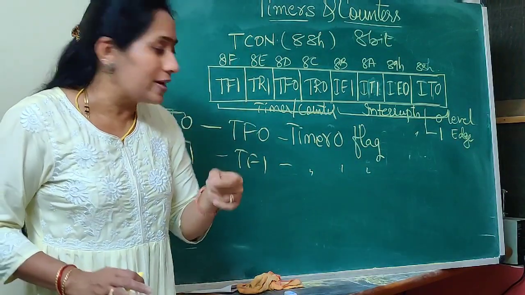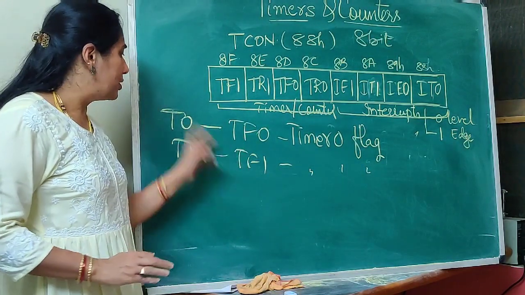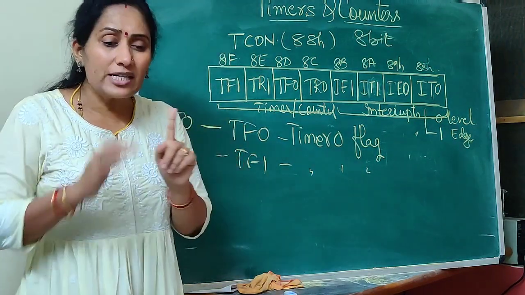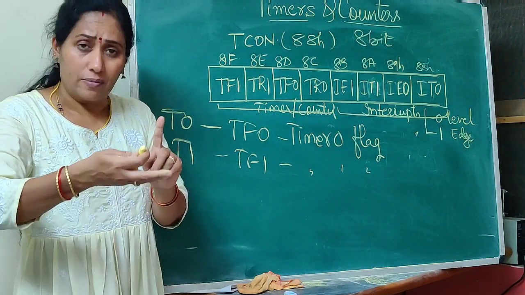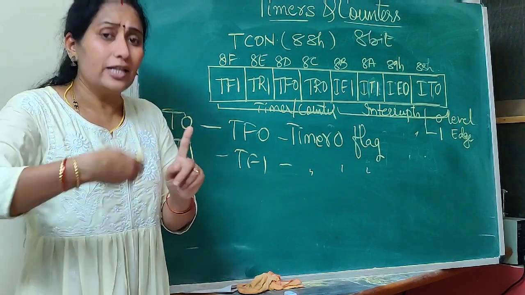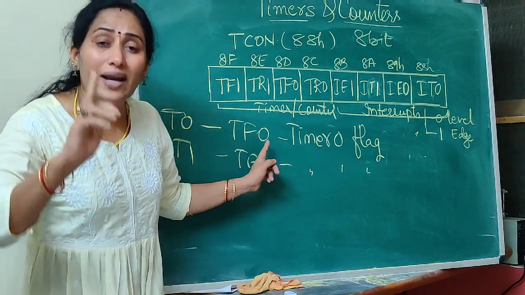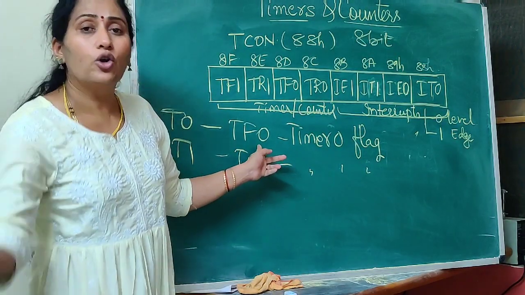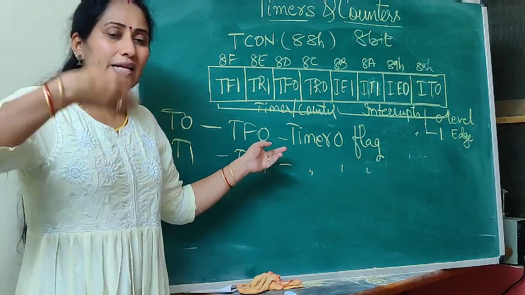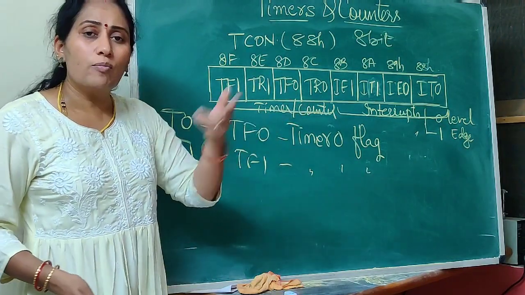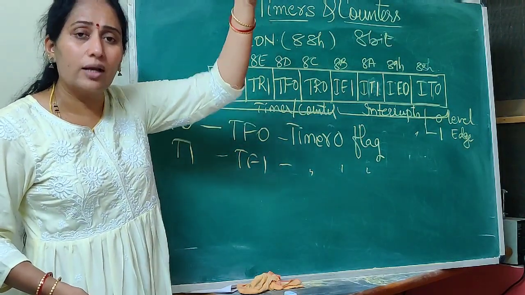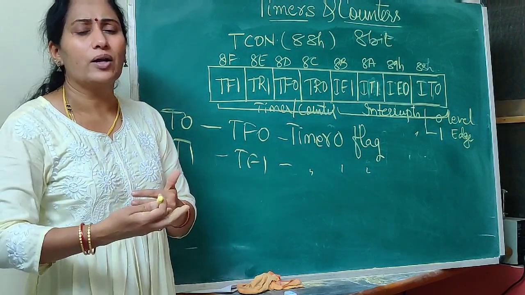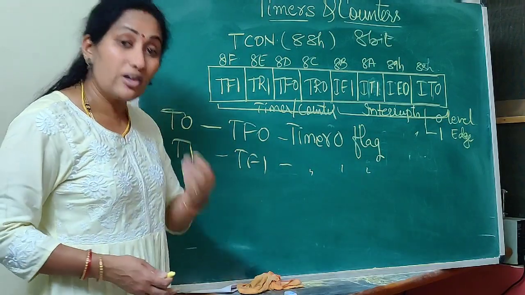When the rollover takes place, that particular flag, TF0 or TF1, will get set to 1. That means it is automatically set by the controller, by the processor. So when I read it as 1, it means the maximum count is reached, rollover has happened, and it has become 0. If I want to repeat the same thing, in mode 0 or mode 1 you have to put the same count in TL and TH again. In mode 2, it automatically reloads by itself, and you can start again. That is the information I gave.